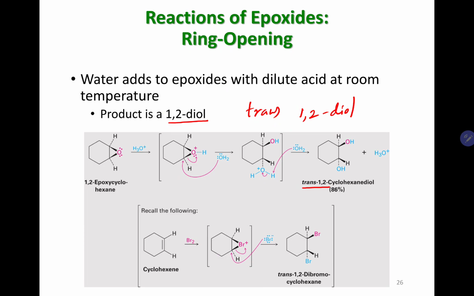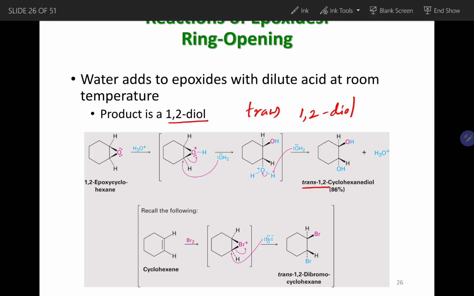So in this reaction, by using a dilute acid, you protonate the epoxide oxygen. Okay, so the first thing that you are going to do is protonate the epoxide oxygen.